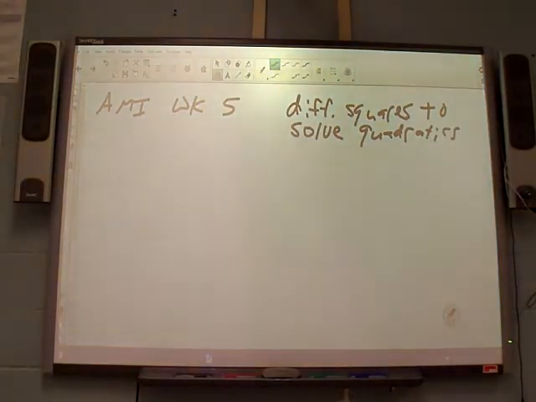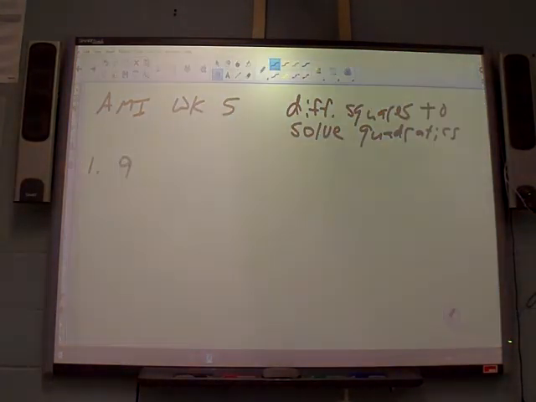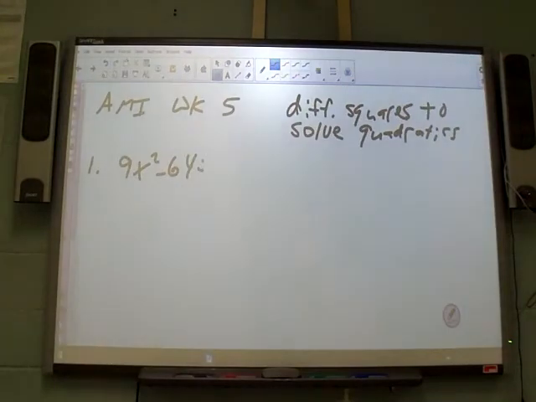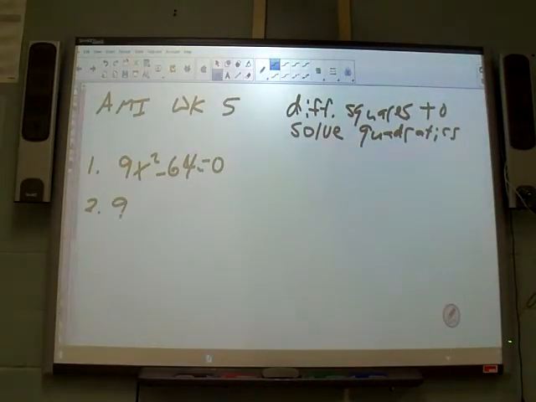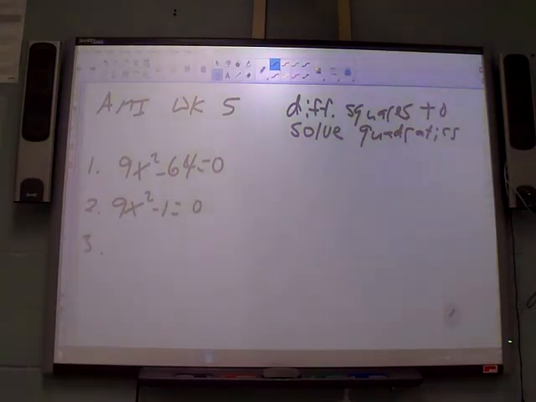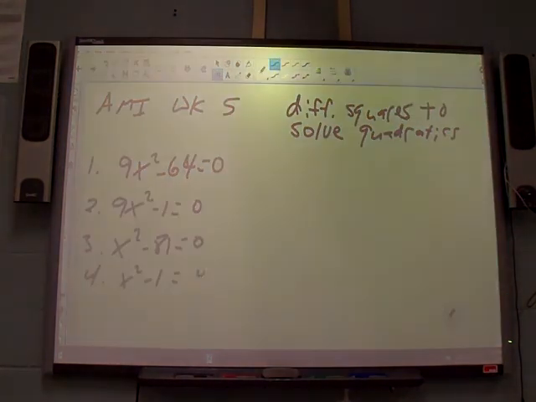Okay, so number 1 that I've picked out here for you says 9x squared minus 64 is equal to 0. Number 2 that I've got says 9x squared, I must like 9, minus 1 is equal to 0. Number 3 that I've got, x squared minus 81 is equal to 0. And the last one, x squared minus 1 is equal to 0.